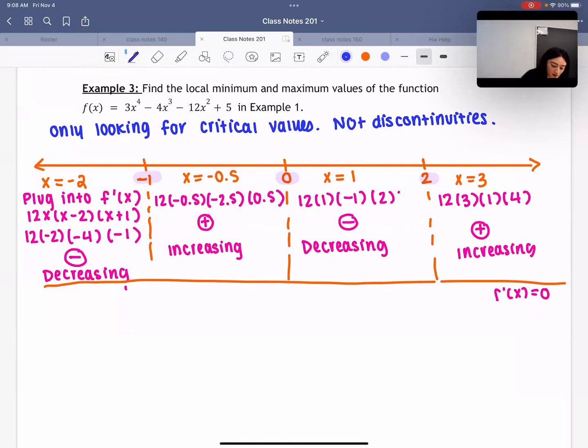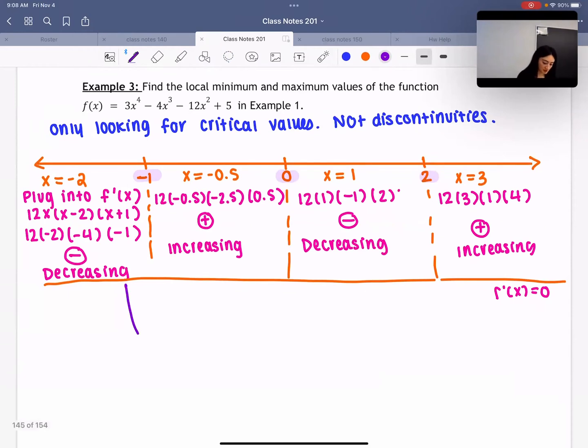Okay, let's find our maxes and mins. Well, let me use a different color for this. I know that I go from decreasing, which means the function looks like this, to increasing over here. Okay, is -1 going to provide me a local max or a local min? Min, right?